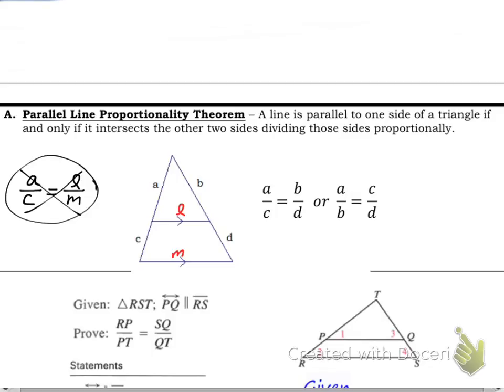In this case, we'd have to go back to A compared to the whole length, which would compare to L over M, like we've been doing. This only works if I'm talking about the sides. It does not work when I'm talking about parallel lines. That's important to remember, because we have questions about that.